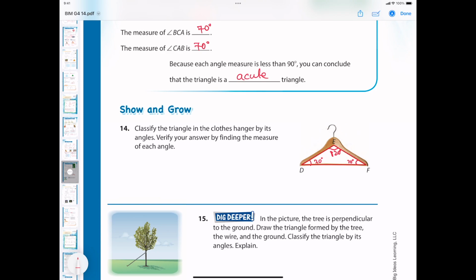So this is what? Obtuse triangle. And then angle D is 30 degrees and angle F, F is 30 degrees first, and then angle E is what? 120 degrees.